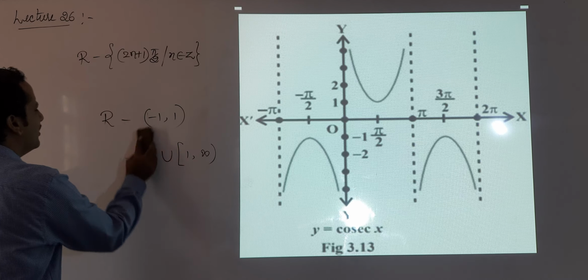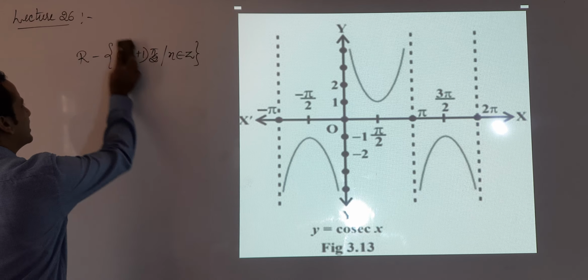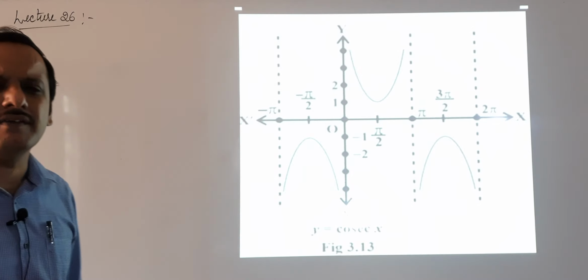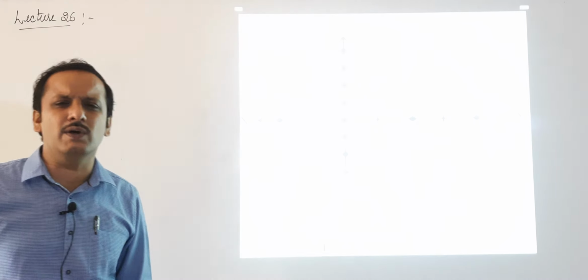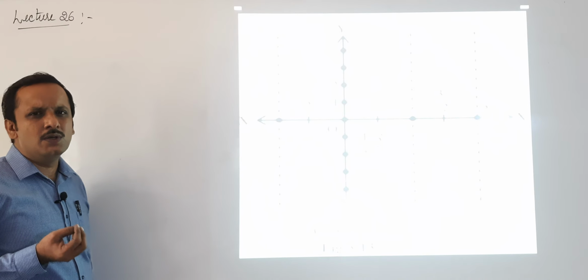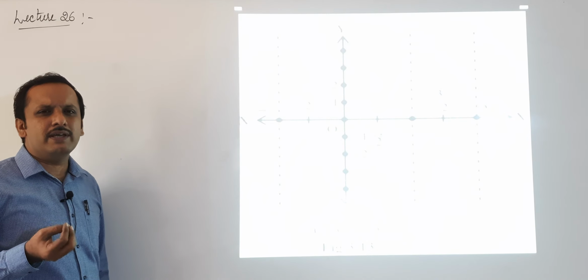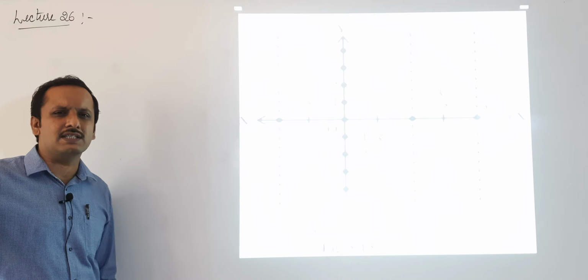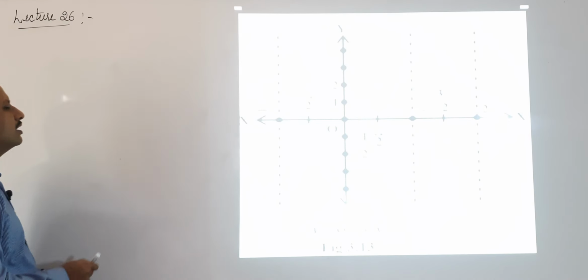The graph of y is equal to cosecant x. Okay. So cosecant x is equal to 1 by sin x, you know. So cosecant x will not be defined whenever sin x is 0. So the domain is the set of all real numbers except the points where sin x becomes 0. So what do I do in order to write the domain?